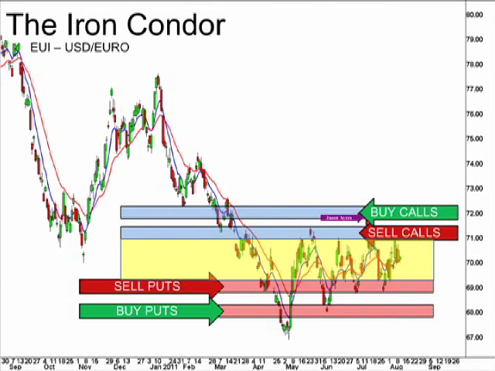If the pair value is trading, let's say, down here at 68 on expiration, we know that the call credit spread is going to expire worthless. If the pair value is above 72 and we get pinched on that, we know that the put credit spread is going to expire worthless. This is the iron condor.